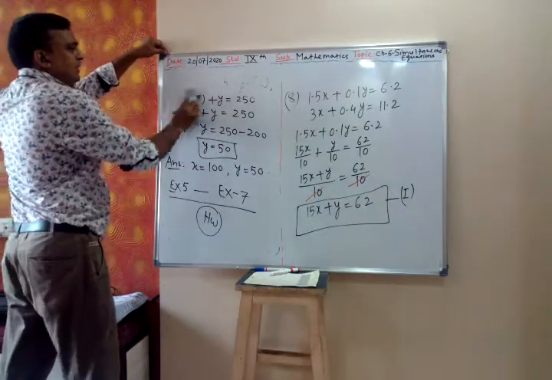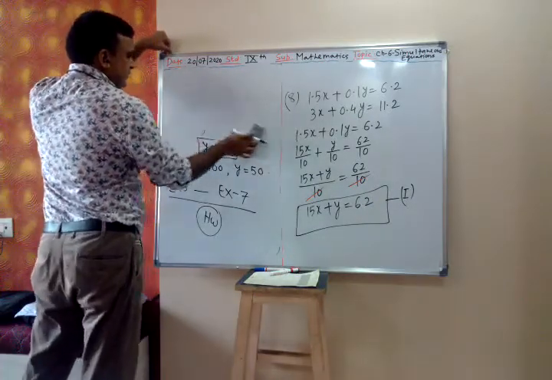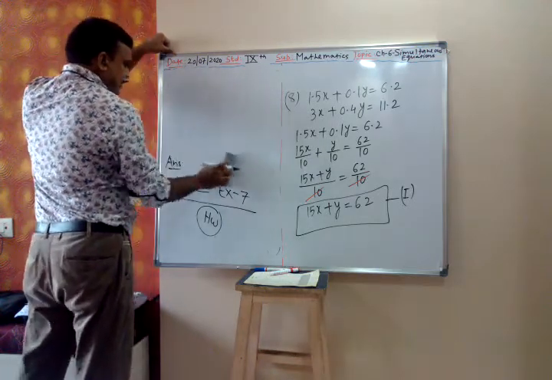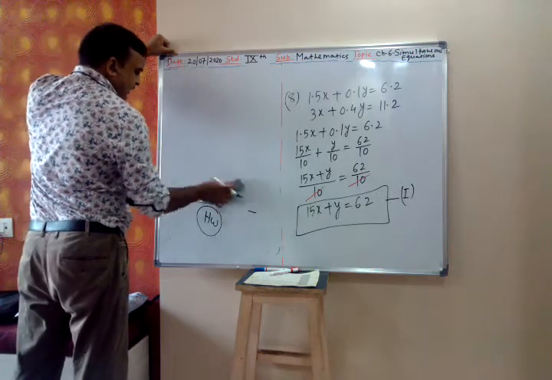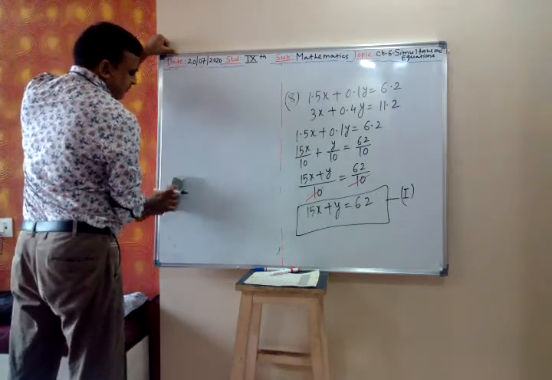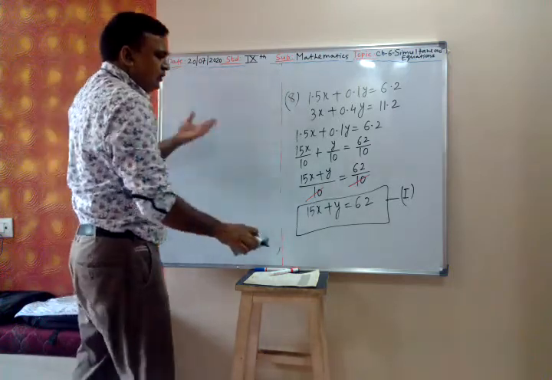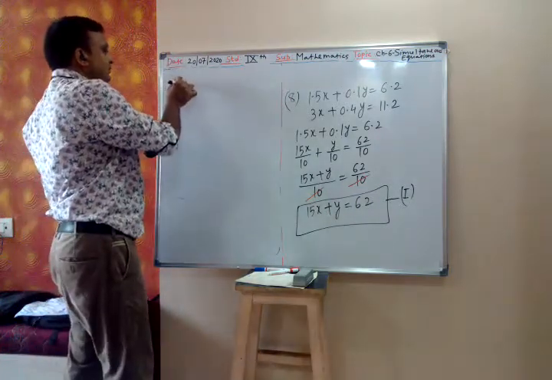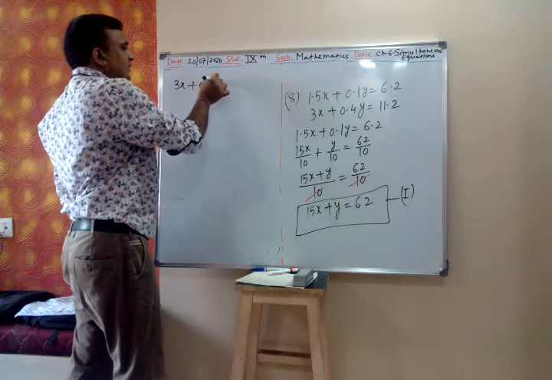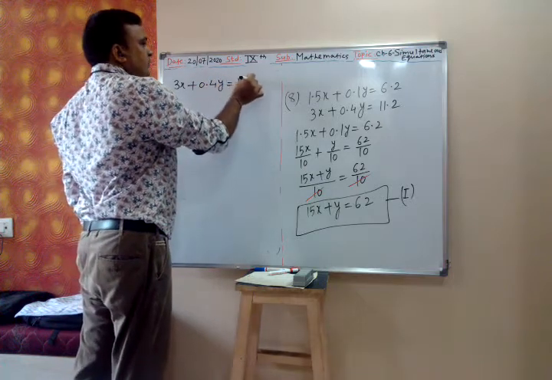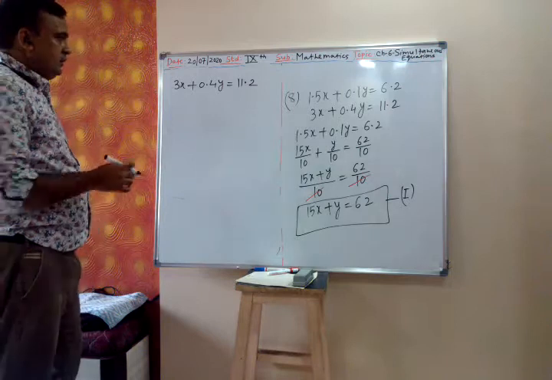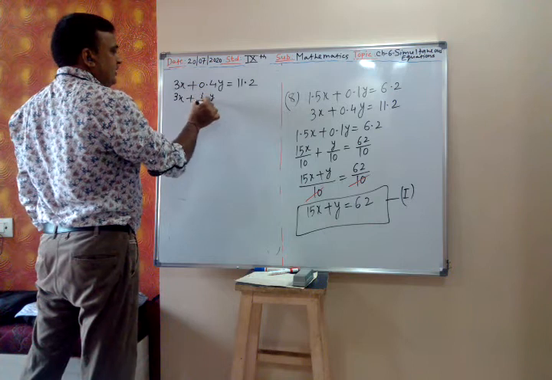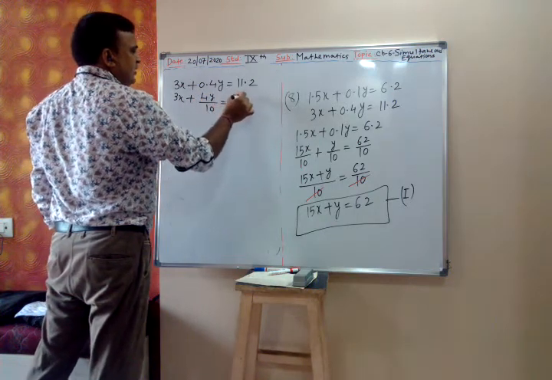Then similarly you solve the second and get equation 2. I am just explaining that we solve. So 3x plus 0.4y is equal to 11.2. So 3x plus 0.4y, I can write 4y upon 10, is equal to 112 upon 10.